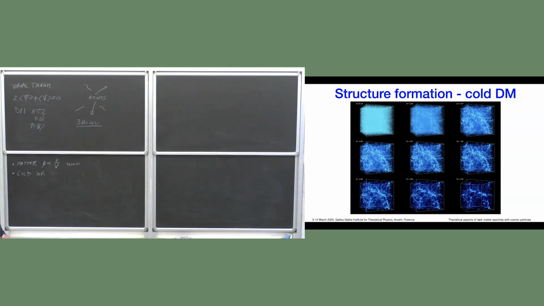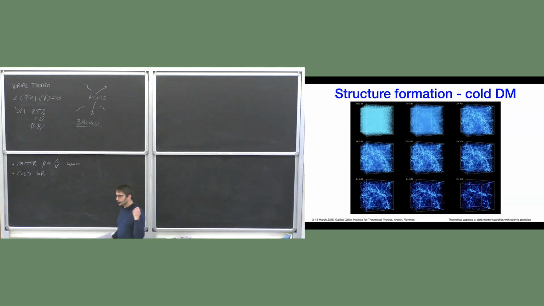When you start to have structure formation, it's very important that it's cold because we know that structure in the early universe started to form from small overdensities, and then these small overdensities increased in size until at redshift equal to 0 nowadays you have galaxies and clusters of galaxies.